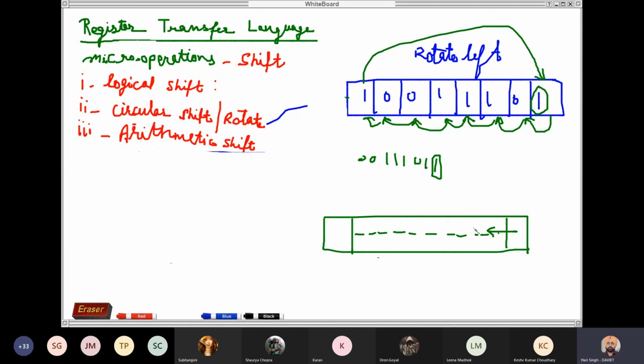And since it is circular shift, MSB will be shifted to the vacant position. So this is the symbolic representation of circular left shift operation. Similarly, we can represent circular right shift operation. Okay? Clear, students?